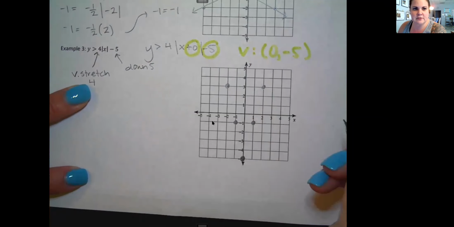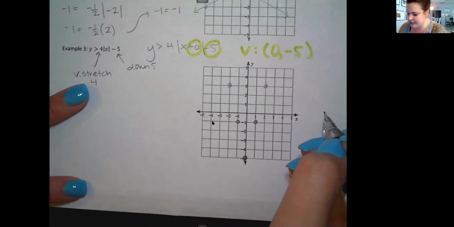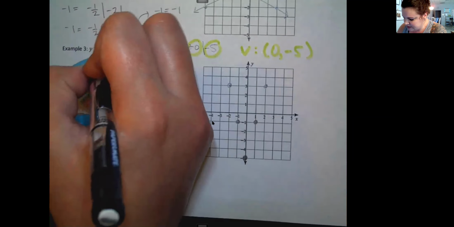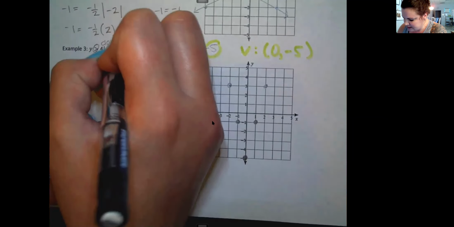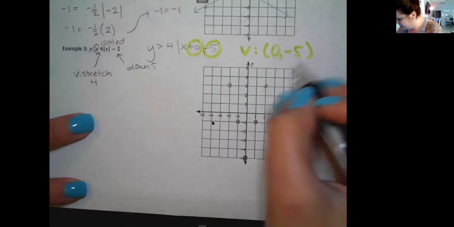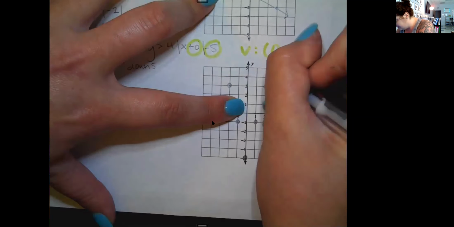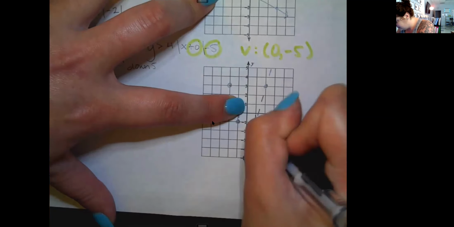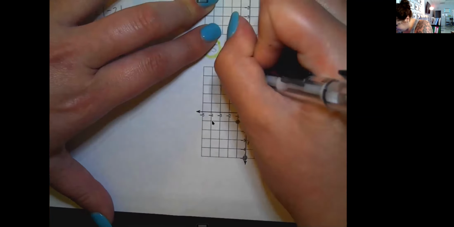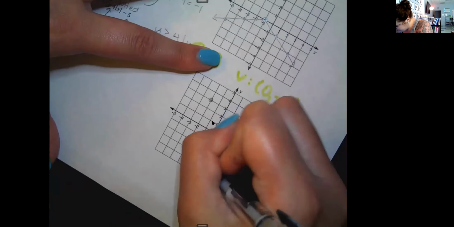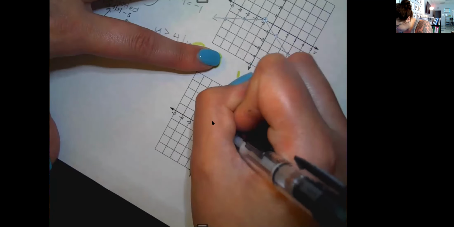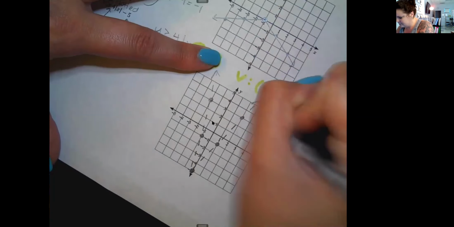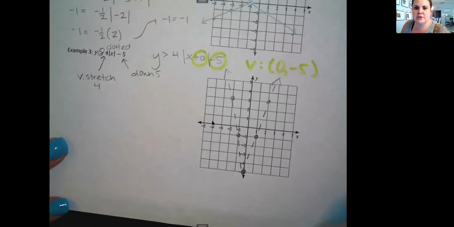And then we have to be careful because this is an inequality, and the inequality symbol tells us that this should be dotted. So I'm going to draw a dotted line right here. All right, so there's my absolute value graph.